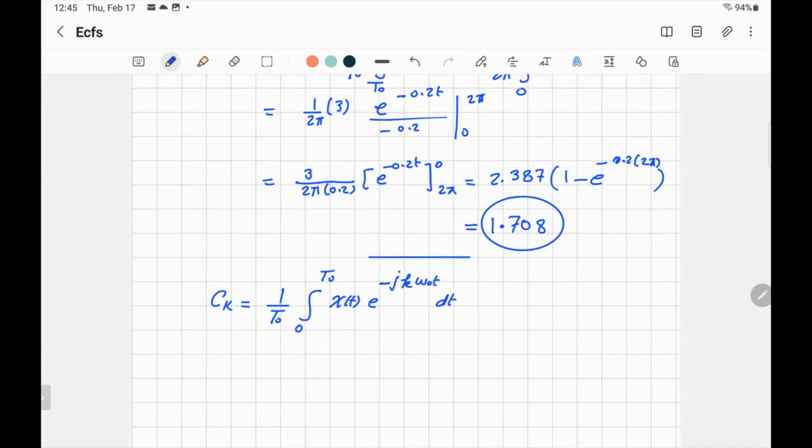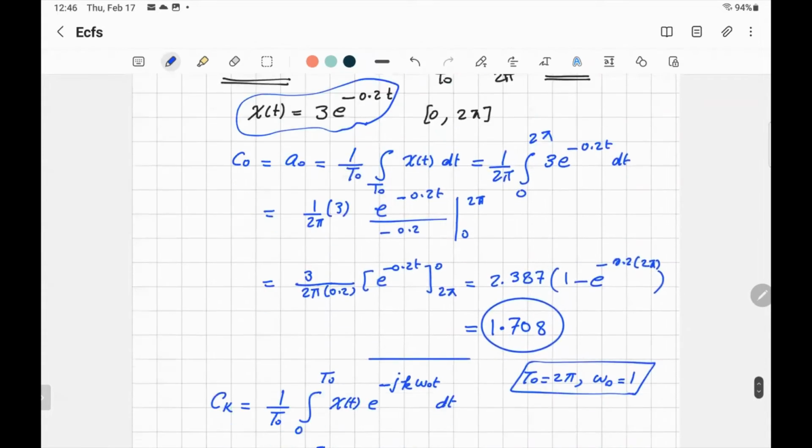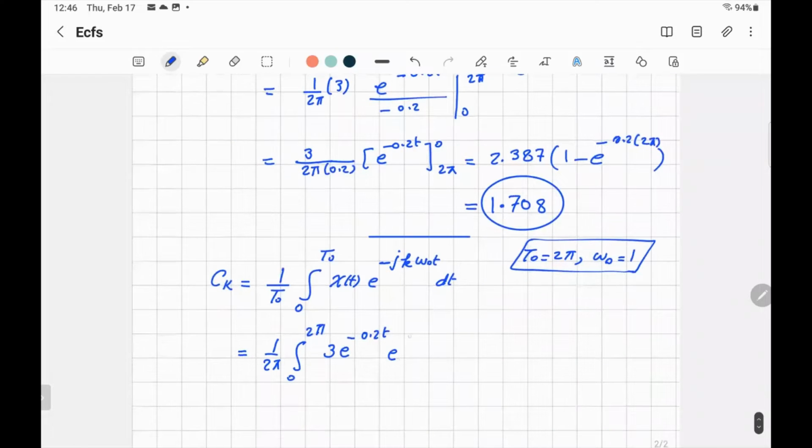We found that T naught is equal to 2 pi, and omega naught is equal to 1, just to remember. So I'm going to substitute 1 over 2 pi, the integration from 0 to 2 pi, and the function x of t, which is equal to 3 e to the power minus 0.2 t. I'll just check. Yes, it is. And multiplied by e to the power minus jk, and omega naught is equal to 1, so minus jk t dt. So that's what I got.